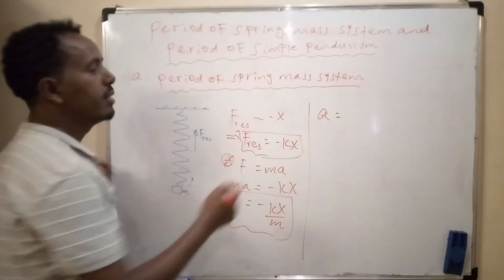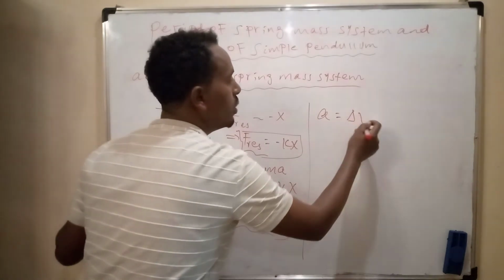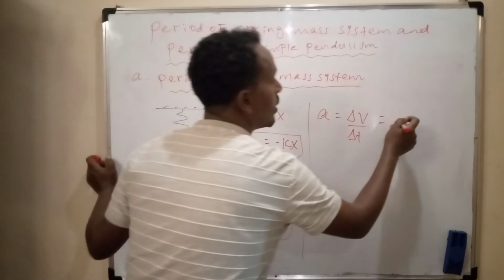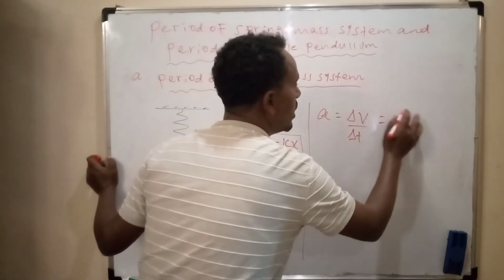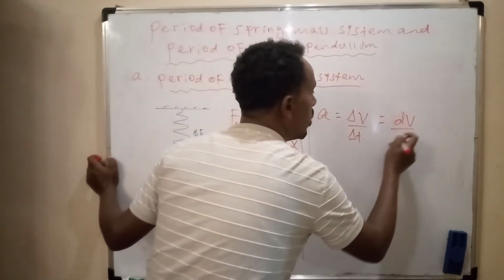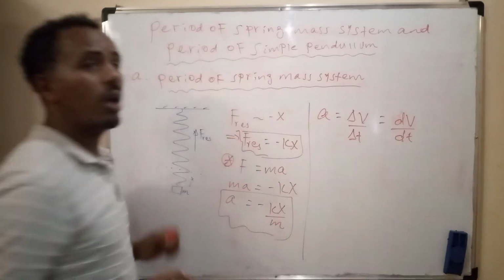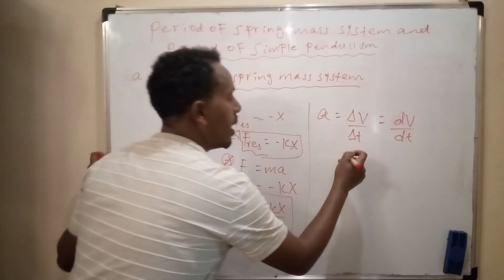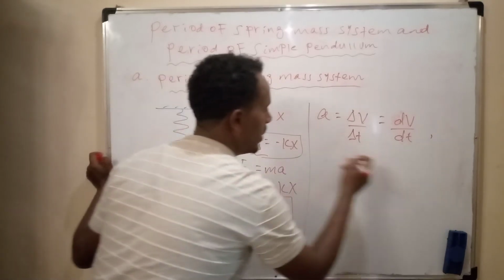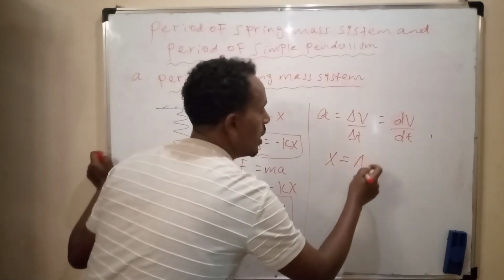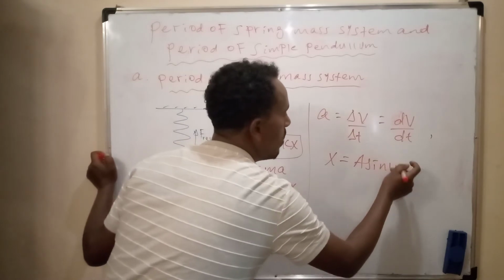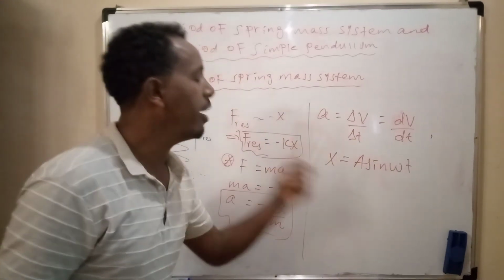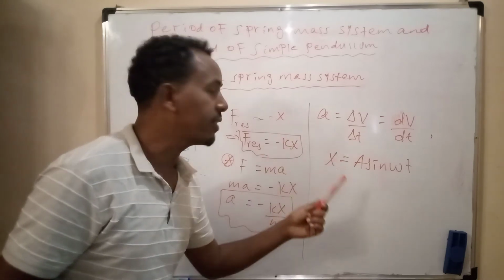Therefore, change in velocity over change in time, the derivative of velocity with respect to time, is equal to acceleration. But x, that is displacement, is equal to A sine of omega t. This is the expression for displacement.